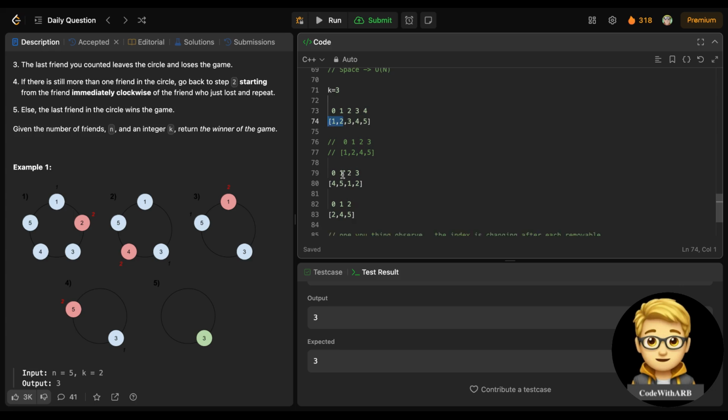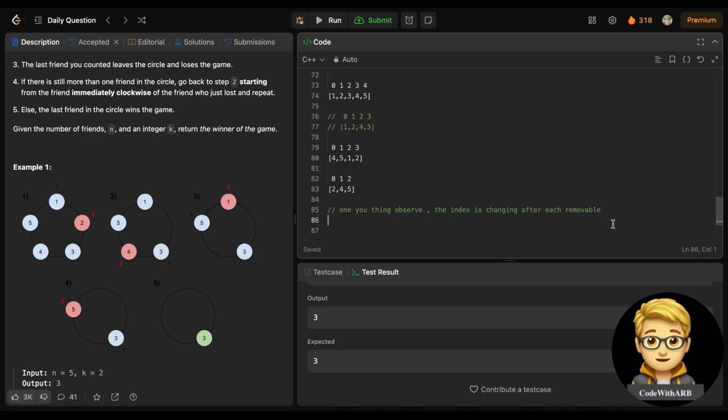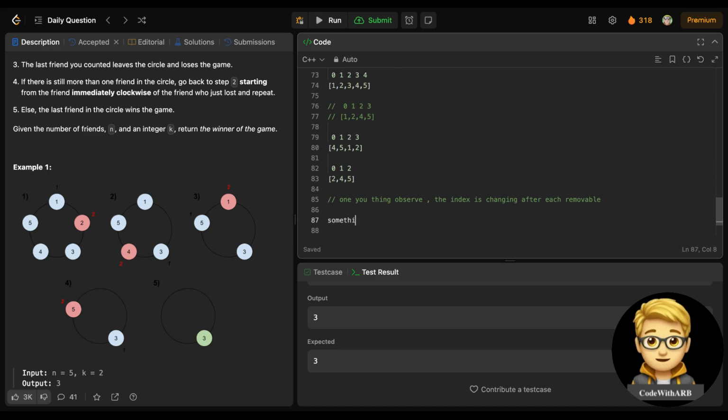Again, with 0, 1, 2, 3, when this 1 is removed, the second position becomes 3, the fourth position becomes 1, and the fifth position becomes 2, right? The same thing is happening. So something is related to k, I can see that.